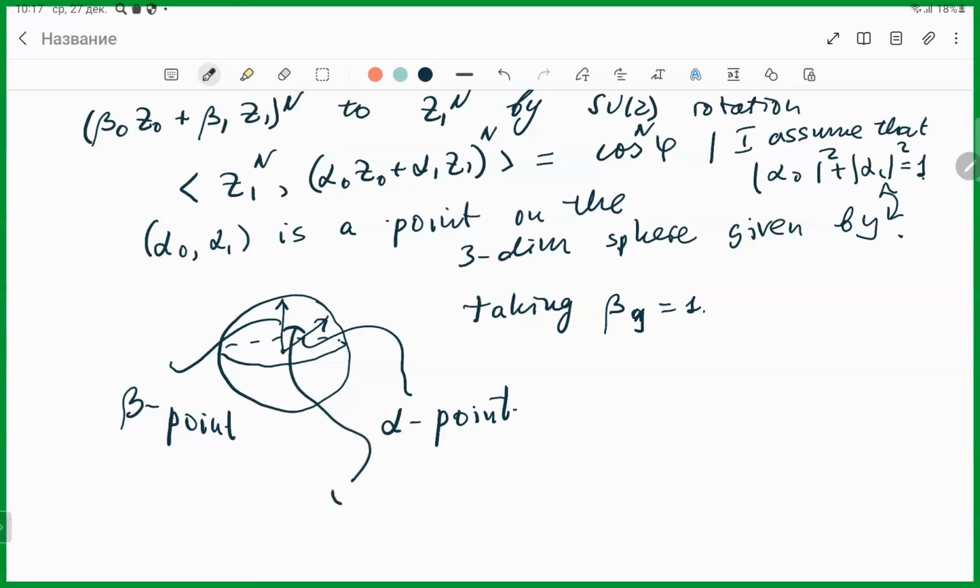Here I have the angle phi. I am connecting the beta point and alpha point by a geodesic on S3.